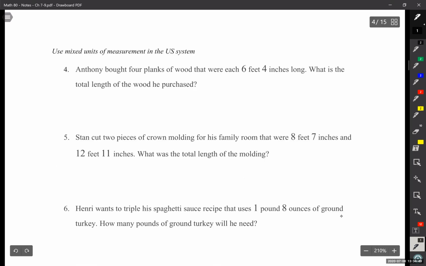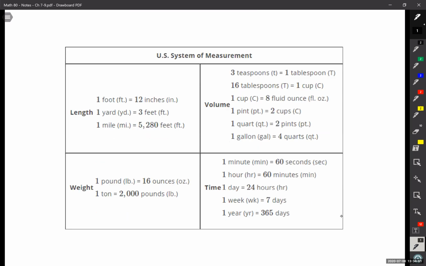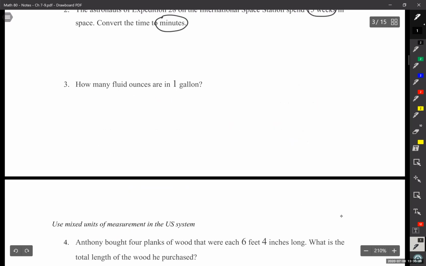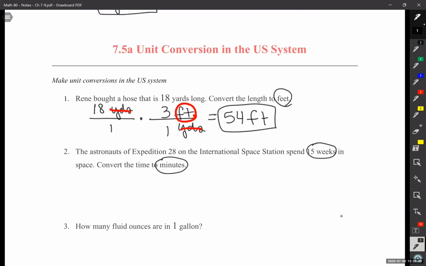Here we have time, and so look at all this. You know all this. 1 week equals 7 days, 1 day equals 24 hours, and so forth. So everything in that time you already know. And if you didn't know that feet in the yards earlier, that's where I got it from. Well, let's go back here because we can't go from weeks to minutes. We need to go step by step.